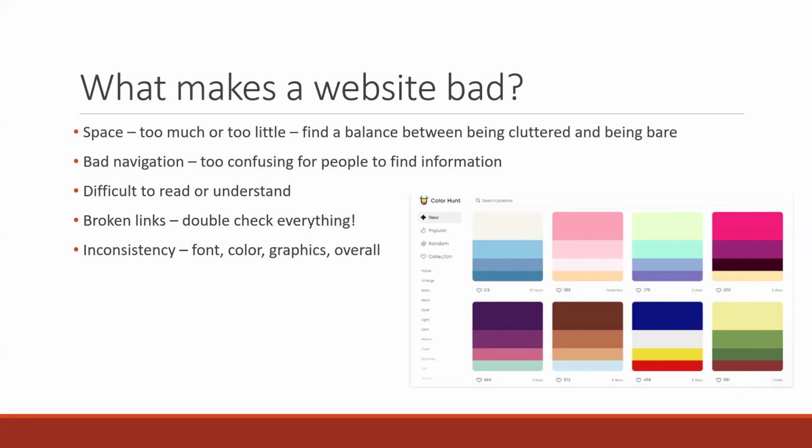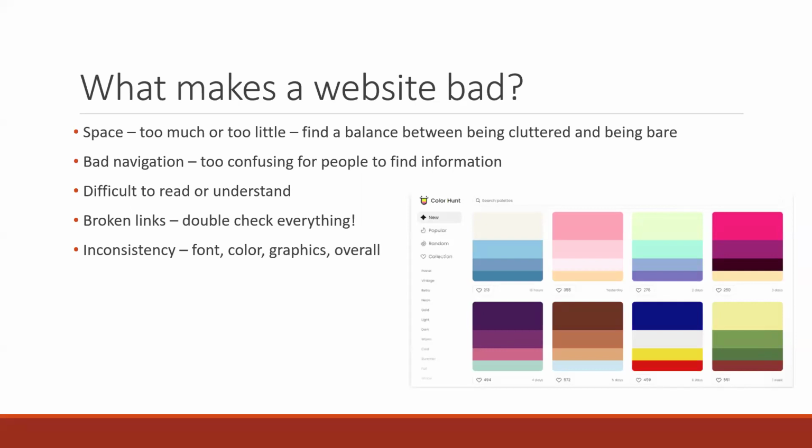Make sure the link actually functions, and when people click on it, they get taken to the right space. This is something that you can do really once the design's all done. Just go back and double check everything, make sure that everything is linking up correctly, make sure that the information that you want accessible is actually accessible, because if not, then again, people are not going to be able to get the information that they came there for.